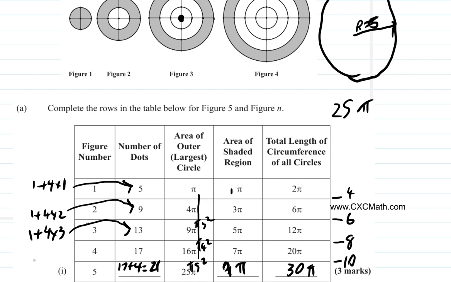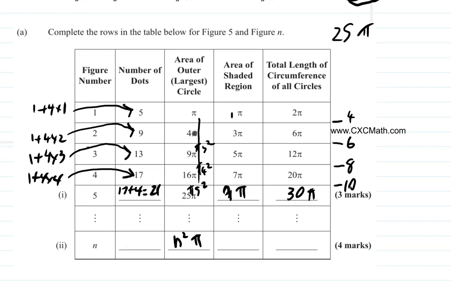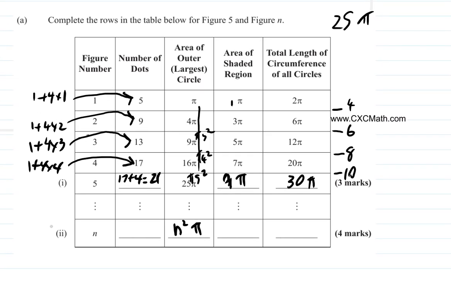Figure 4. There is 1 dot in the middle, plus for each circle you have 4 dots. How many more circles do you have? 1, 2, 3, 4. So it's 1 plus 4 by 4. 4 fours is 16 and 1, 17. That's how you get this 17 here. Alright? So what happened in this case?